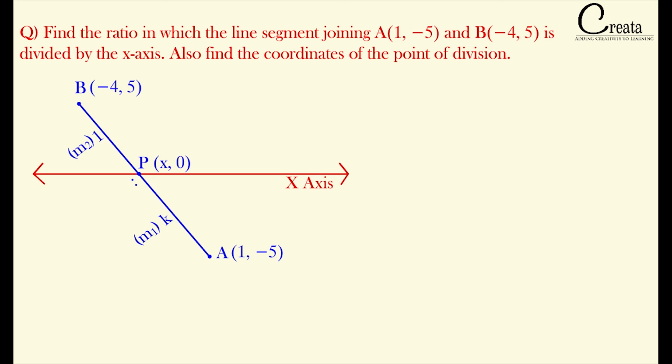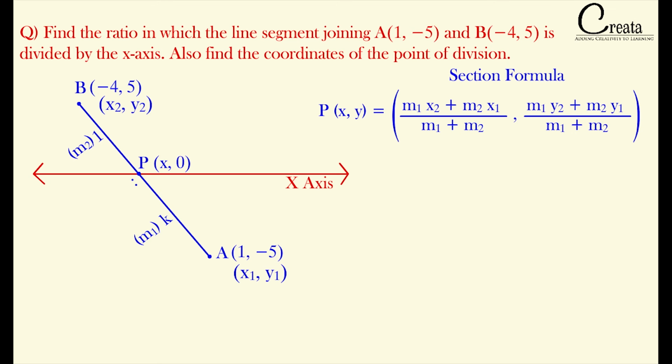Okay, so let's use the section formula. Here m1 is k, m2 is 1, and x is x and y is 0. Firstly, we will take the y coordinate because we know y is equal to 0. We know y is equal to (m1 y2 plus m2 y1) upon (m1 plus m2).